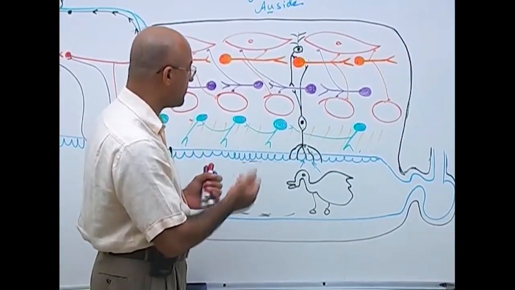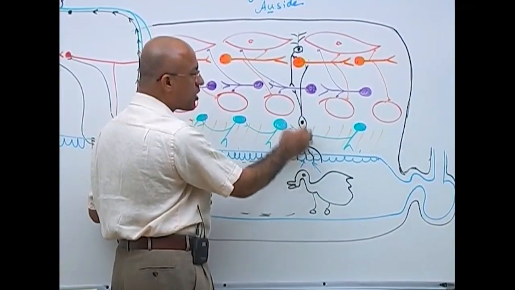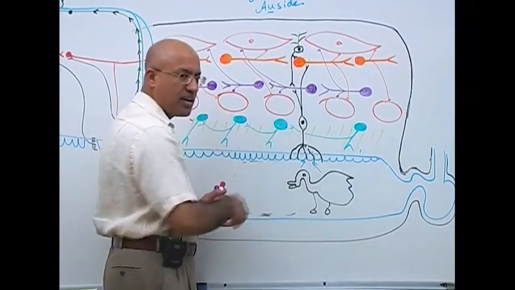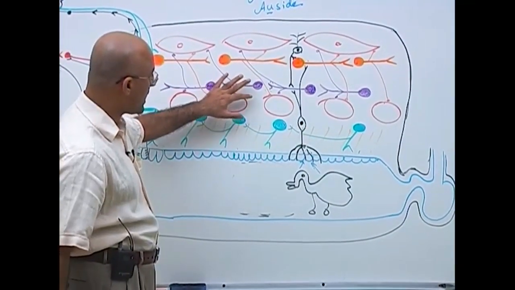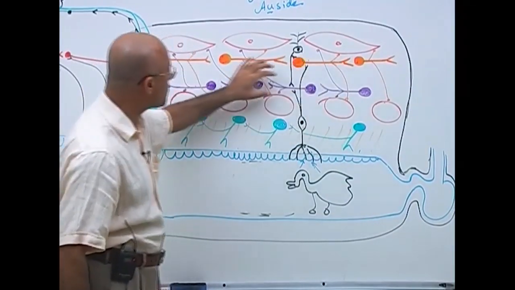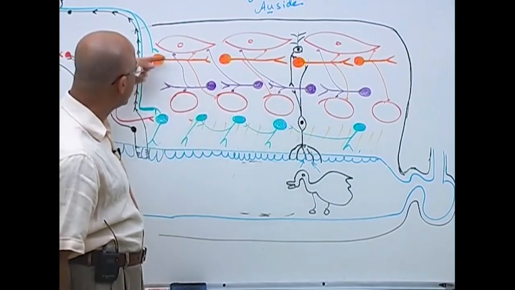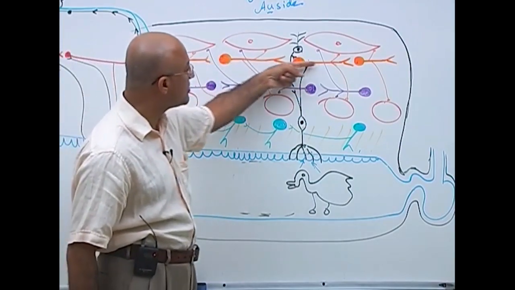How exactly does it happen? These sensory neurons from here, as well as stretch neurons from here, stimulate these fibers. Look carefully, in the enteric plexus I have shown two interconnected chains of neurons.